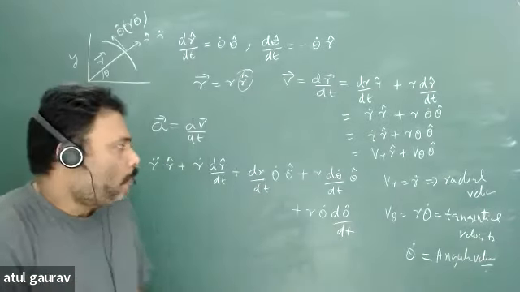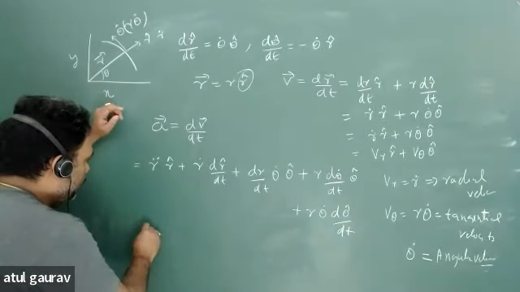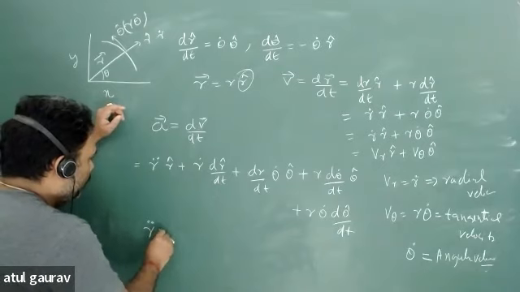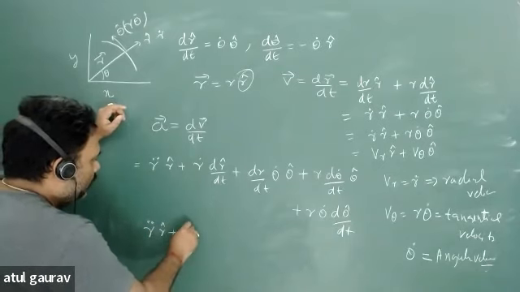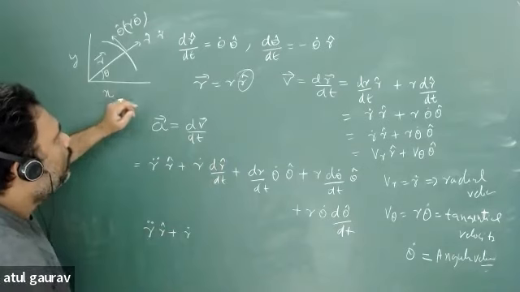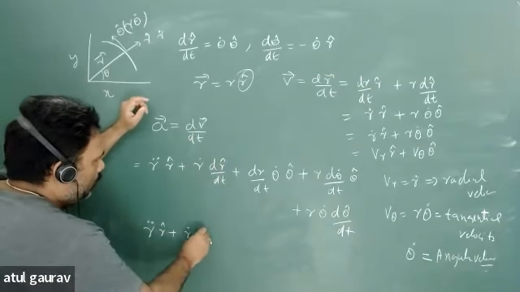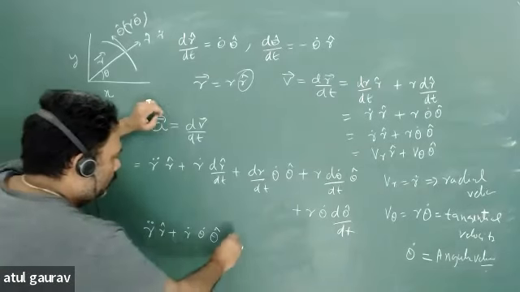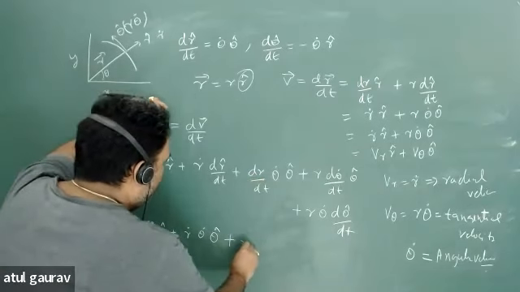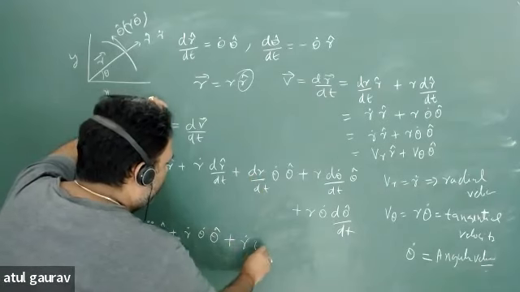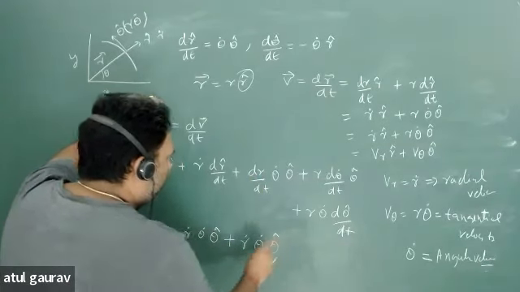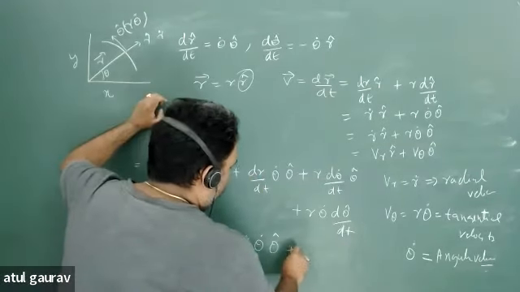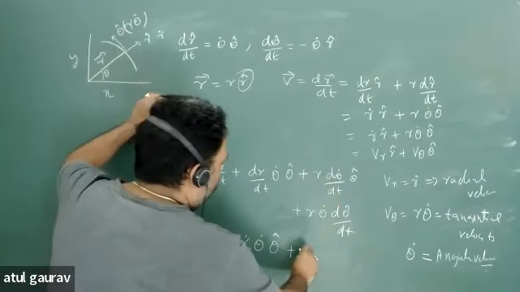Now what you will do? You will just write r double dot r cap plus r dot. What is dr cap upon dt? Theta dot theta cap, isn't it? And this will be again dr upon dt, r dot theta dot theta cap, plus what is this particular value?